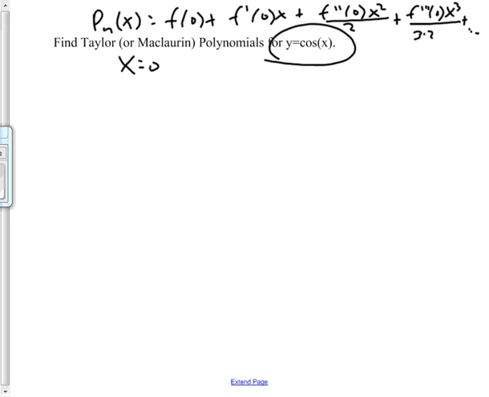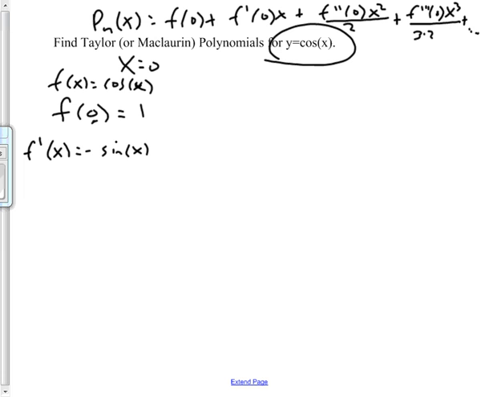We know that f of 0, given that f of x equals cos of x, f of 0 would be 1, because cos of 0 is 1. F prime of x is negative sine of x, and therefore f prime of 0 equals negative sine of 0 equals 0.